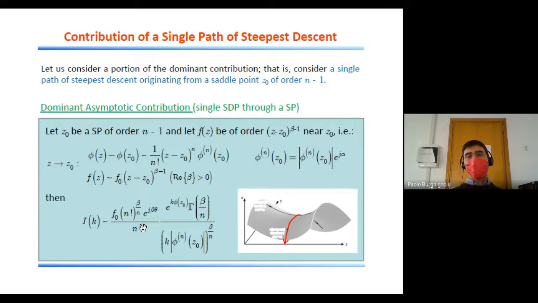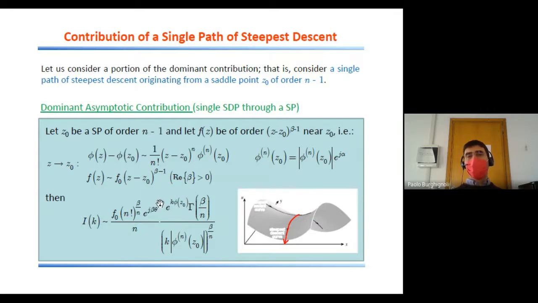Then we have the second factor, which also contains a constant, that is the gamma function evaluated at beta over n. And finally, we have the most important part of this formula, that is the dependence on k, which is contained in the numerator through the exponential function e to k phi evaluated at the saddle point.